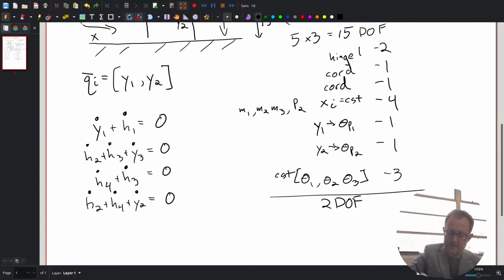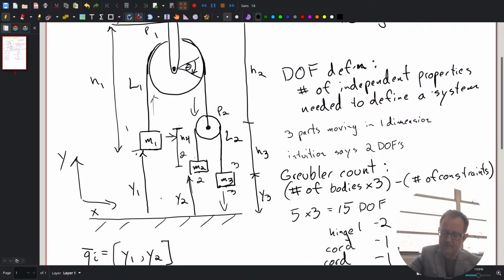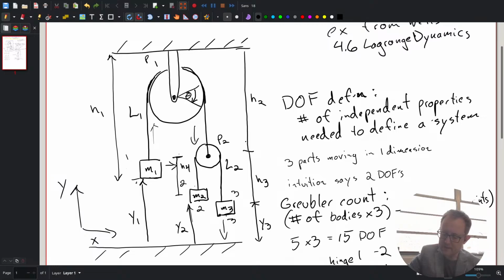I did it in terms of position, but now I can start looking at whether any of these are constant. h2 can change, h1 can change, so if h1 and y1 are equal and opposite, when y1 goes up, h1 goes down. h4 and h3 are changing.